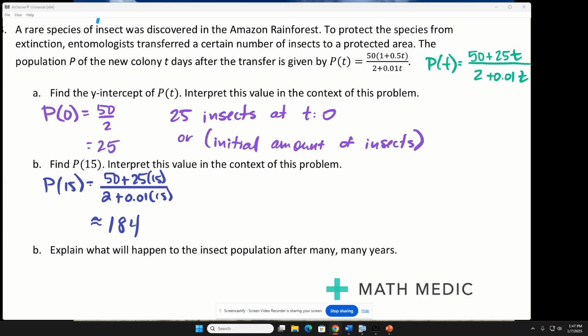Not exactly, you do get some decimal, but we're not going to talk about a partial insect. So I'm going to go ahead and tell you, this is going to be 184 insects. But when would there be 184 insects? Yes.